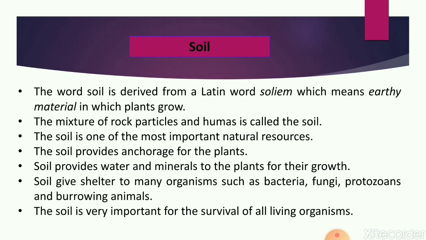So we know how vermicompost is produced with the help of earthworms. These earthworms make burrows in soil, and they excrete the soil in the form of worm cast, which is very important for soil fertility.